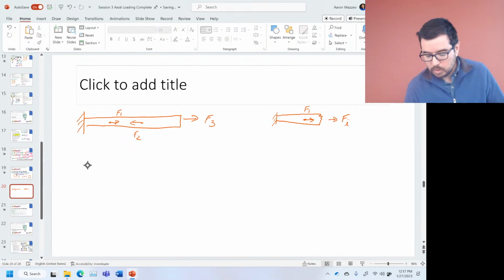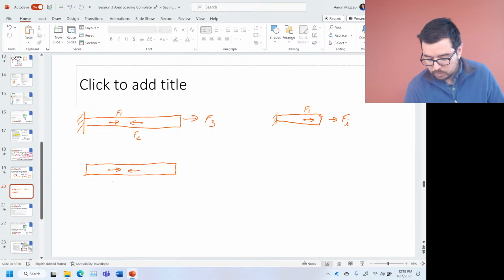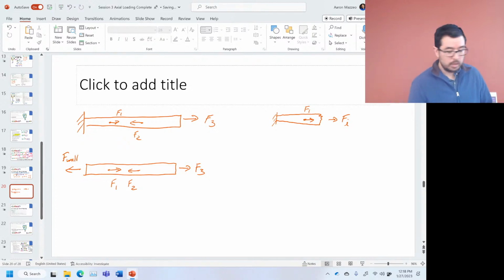So what you would do first, or what we might do, and maybe I'm being a little loose with the order here, is external equilibrium. I'm just going to call it F wall. Again, let's say this is plus x.